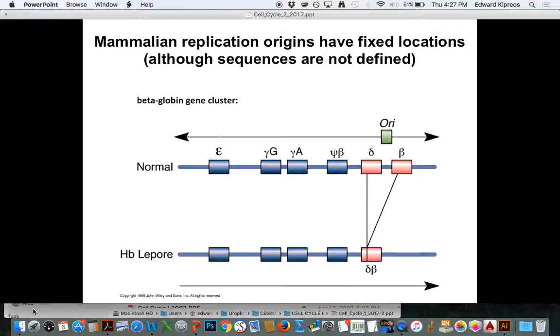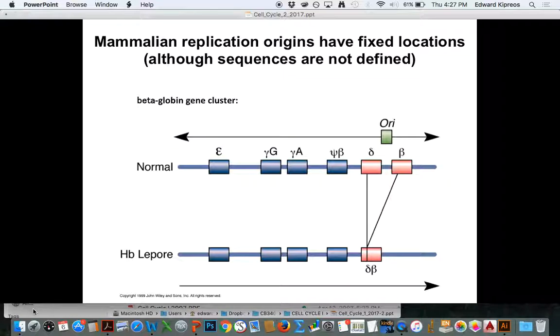Anyway, in this patient, that origin is deleted. It always starts there, but now it's not there. What happens in that situation is that cells won't make a new one. It'll be the normal DNA replication origin over here, it just will take longer to get over there. So what this says is that these DNA replication origins are fixed and they can't be replaced easily.